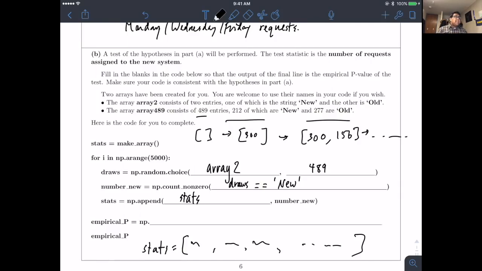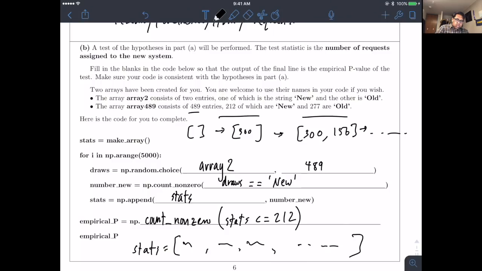And so what we want to find is the probability that these numbers were less than 212, right? So we want to find the count non-zero of stats being less than or equal to 212, right?